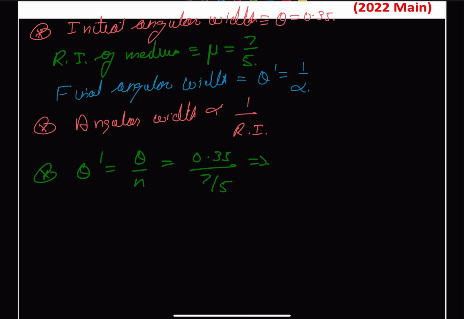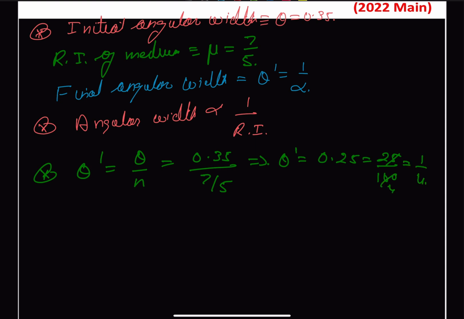So this gives us that our theta prime will be equal to 0.25, or we can write this as 25 by 100, and this comes as 1 upon 4.